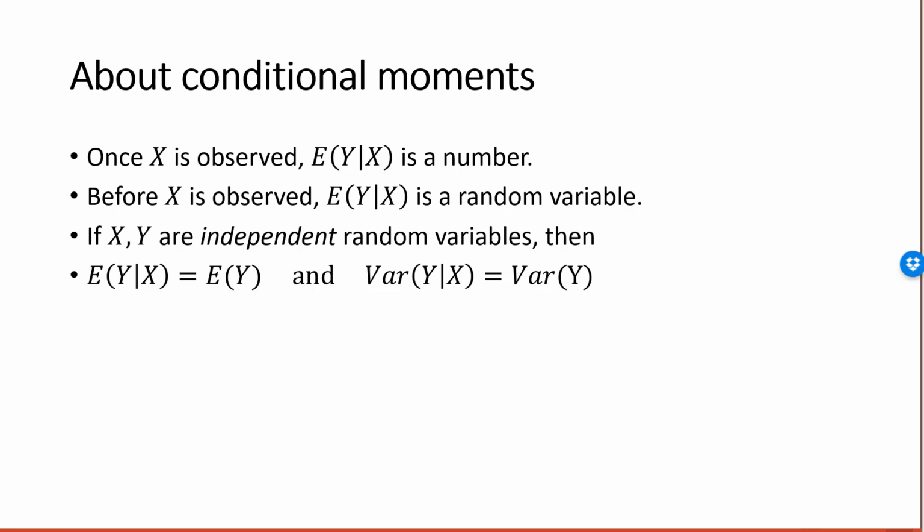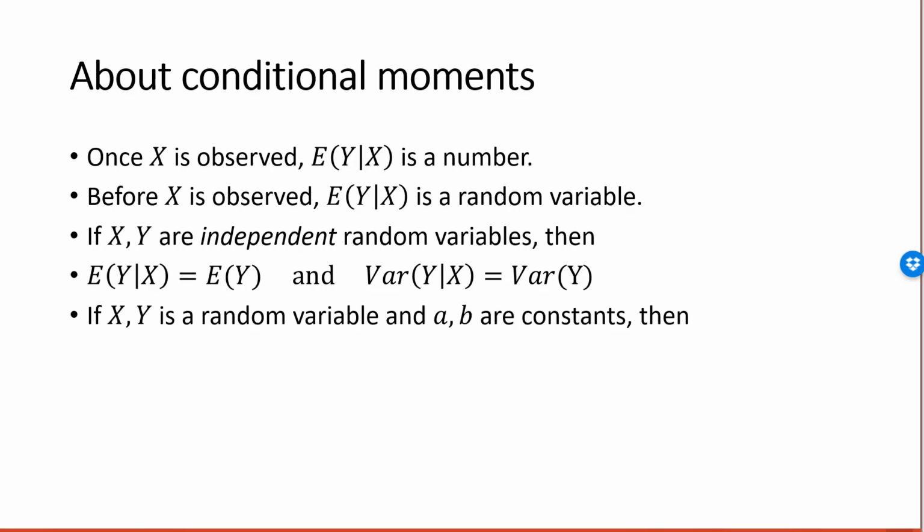We have these two really important formulas for the expected value of a linear function and the variance of a linear function. Well, fortunately, they will hold also for conditional expected values and variances.